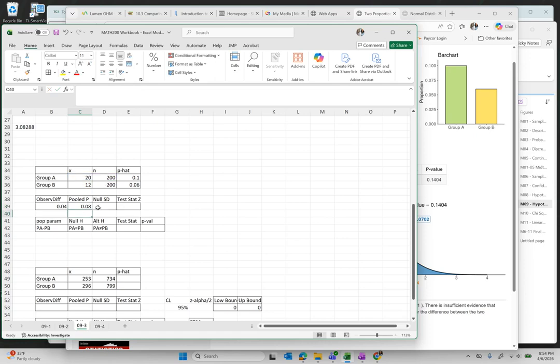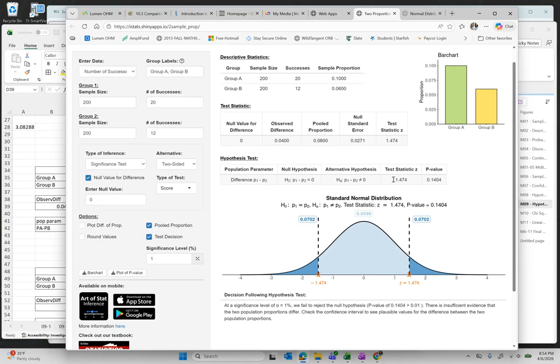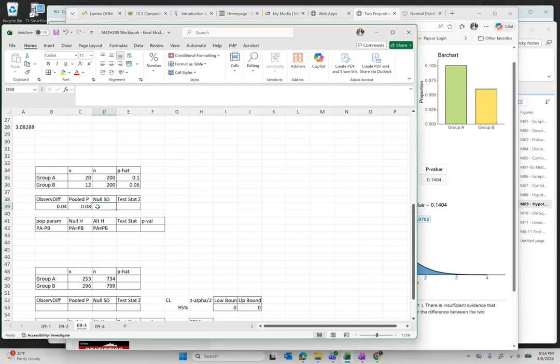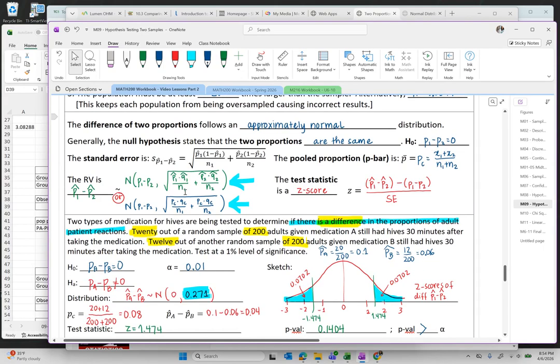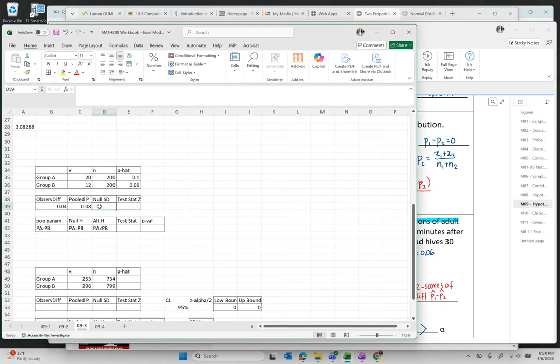So the question here now is, what is the standard deviation of the null? So what ArtofStat here calls the null standard error. And we have two options. The one option is to use the P1 hat and the P2 hat, and the other option is to use the pooled proportion. So let's see which one ArtofStat uses. So I'm going to find them both.